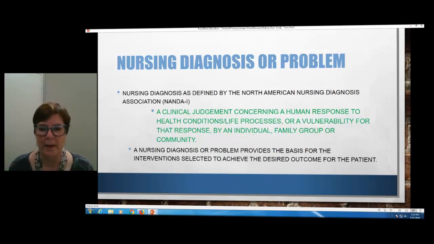All right, that is a mouthful, and it kind of seems like maybe it goes around in circles or it's hard to understand. But breaking it down, it's a clinical judgment concerning a response to a health condition or to things that may happen in your life, like the death of a spouse may cause depression, and depression tends to lead to illness because your immune system crashes.